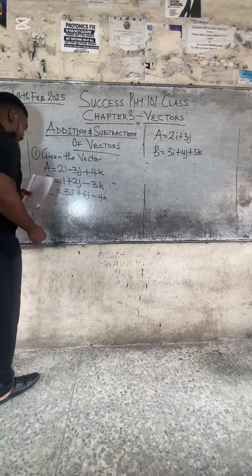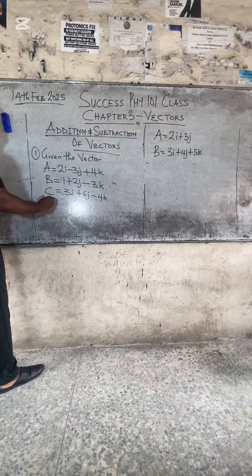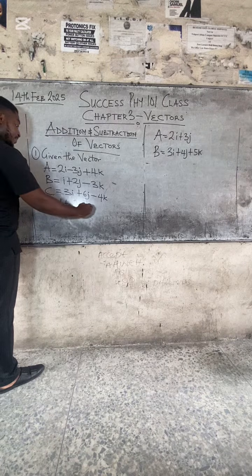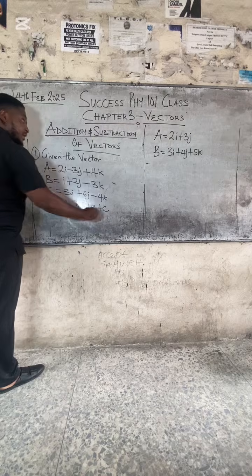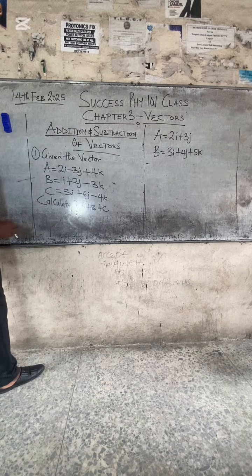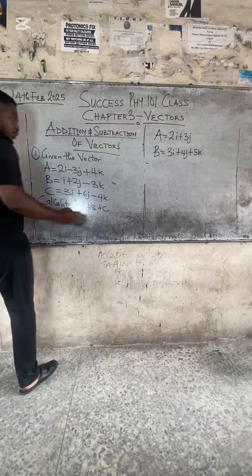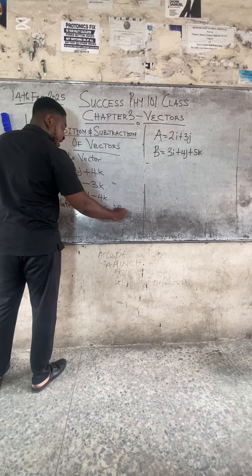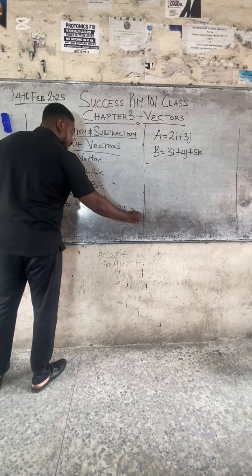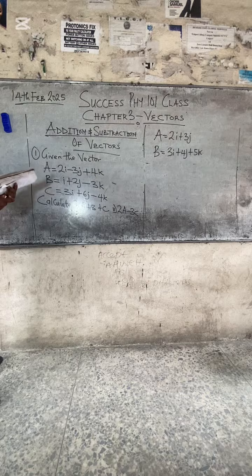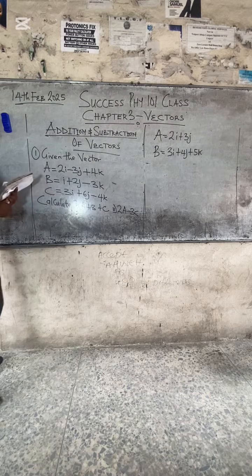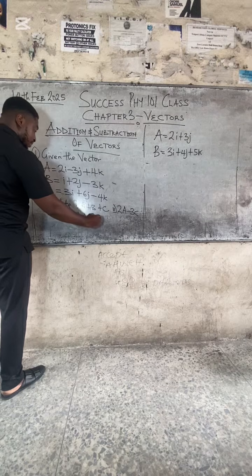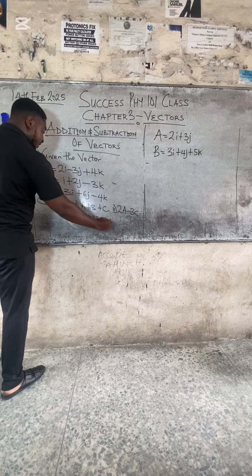And we're asked to calculate: 1, A plus B plus C. 2, 2A minus 3C. 3, A plus 2B minus 4C.